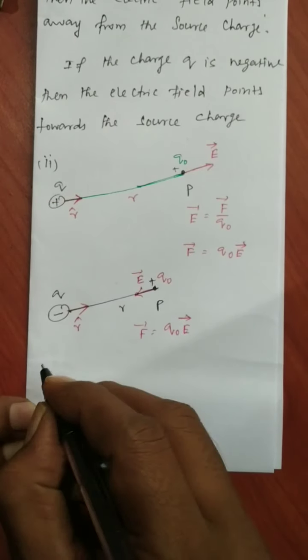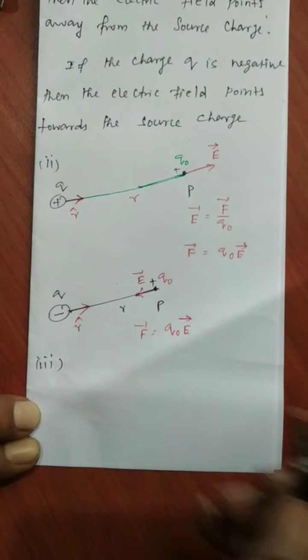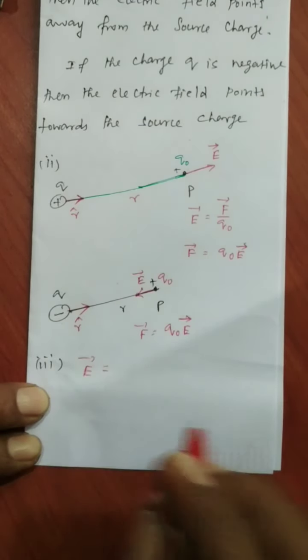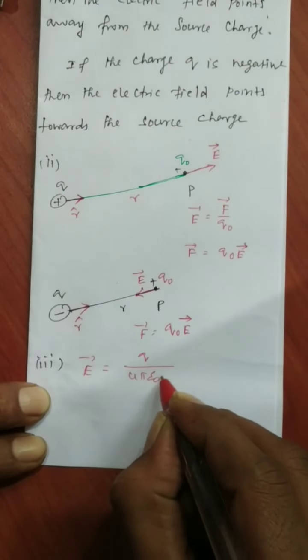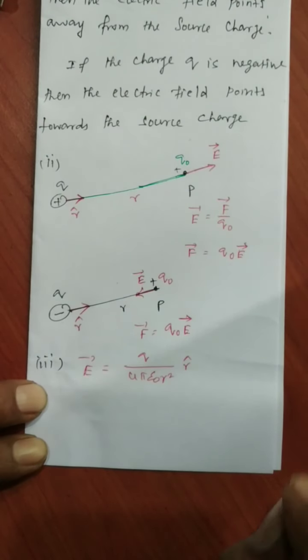Now we go for the third one. We know the equation E vector is equal to Q by 4 pi epsilon naught r squared into r cap. This is the formula for the electric field. Here the electric field is independent of the test charge Q naught.